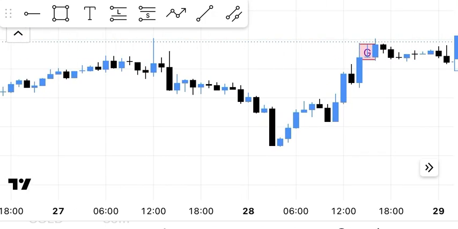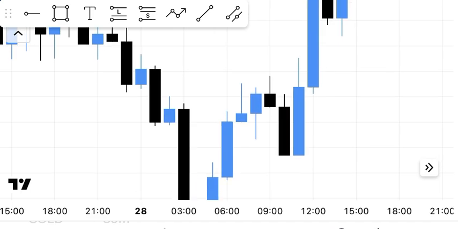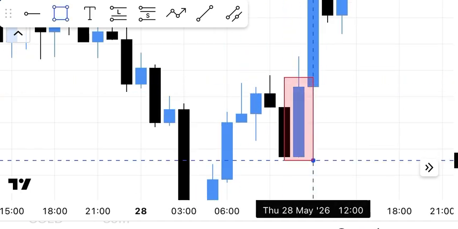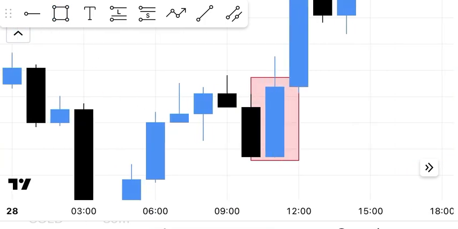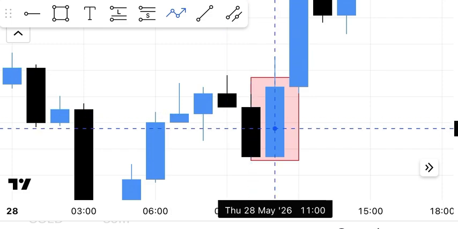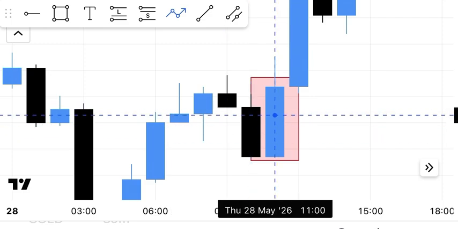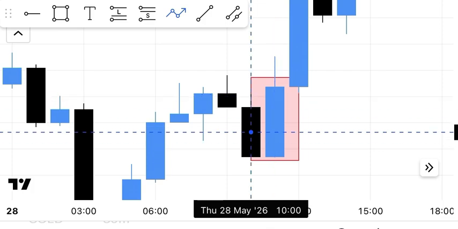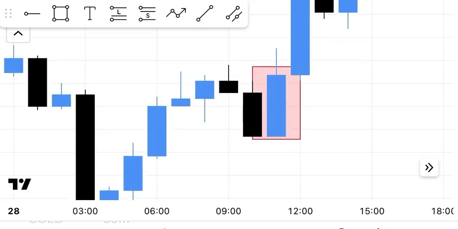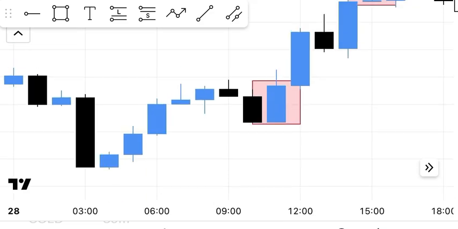Okay, so let's use this as an example. You can see this particular one here is a bullish engulfing. So it is engulfing the bearish candle with a bullish candle bigger than the bearish candle that appeared before. So a bullish candle, this is how it looks like, and this means buyer momentum.